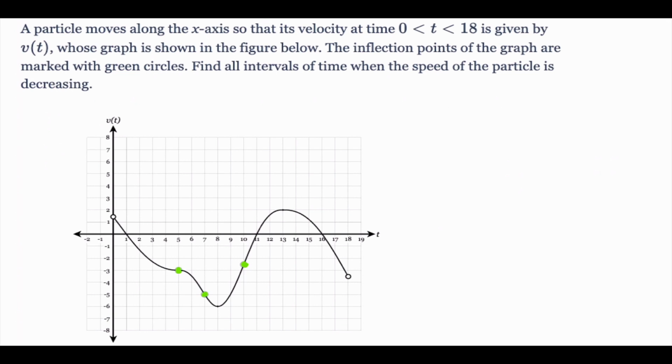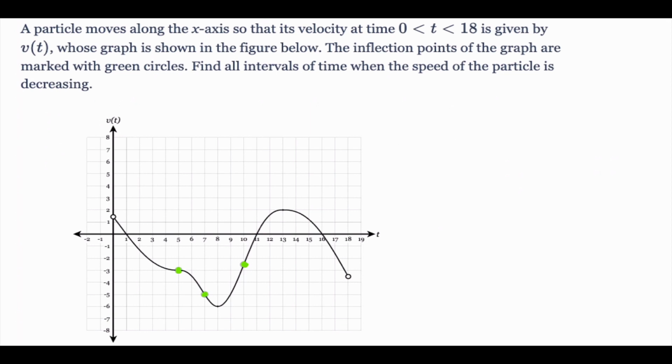Now these are inflection points, not for this graph. They're inflection points for the original, okay? So the particle moves along the x-axis so that the velocity goes from 0 to 18. Whose graph is shown in the v of t?